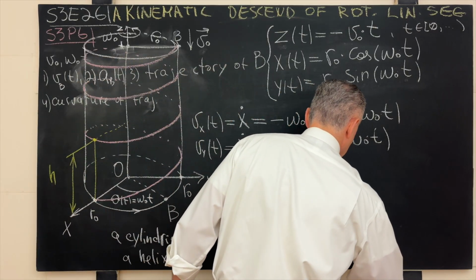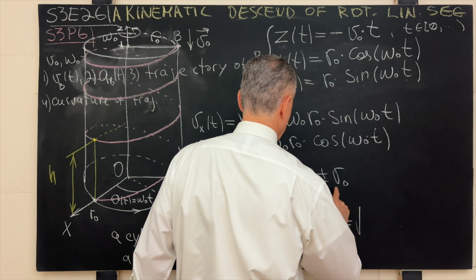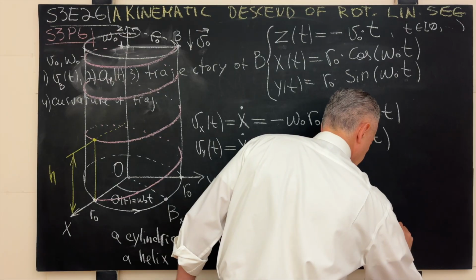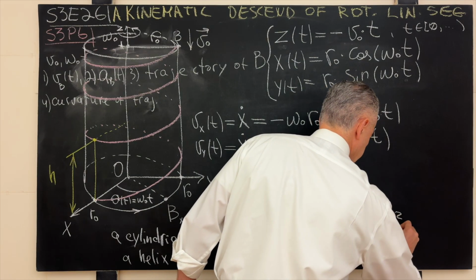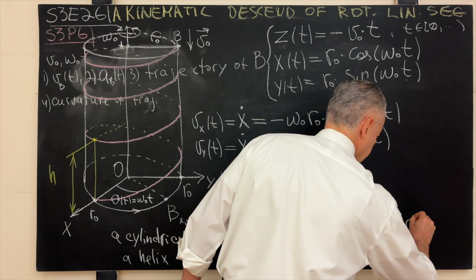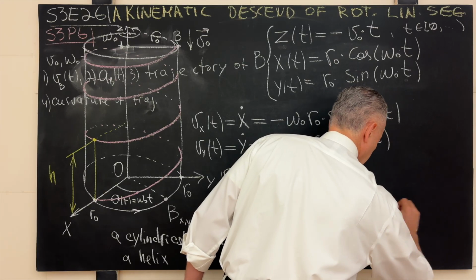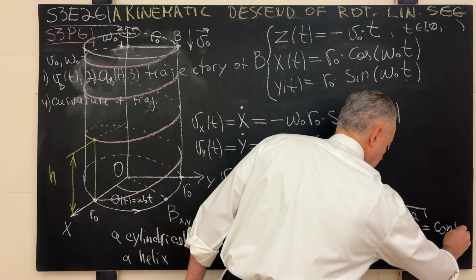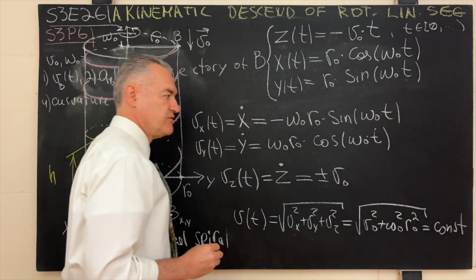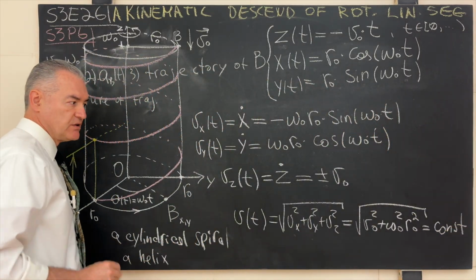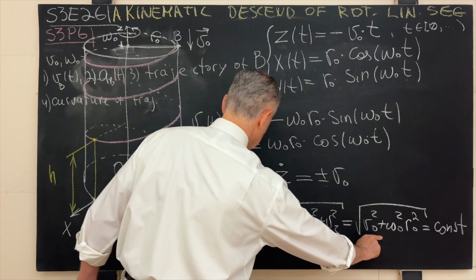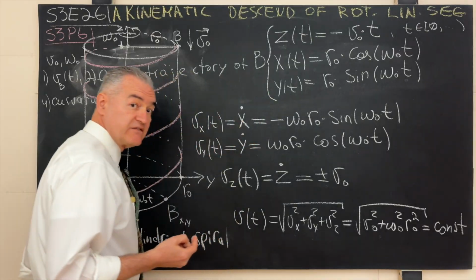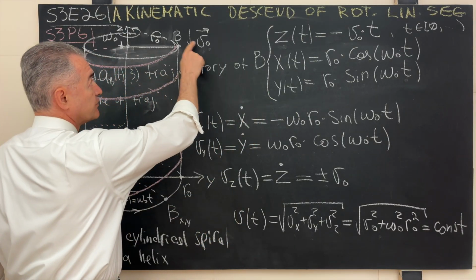And what do we have? We have the following: the square root of v squared 0 plus omega squared 0 r squared 0. This is our magnitude of the velocity of the point B. And look at this. This is precisely why I designated all our symbols that do not vary over time with the subscript of 0.